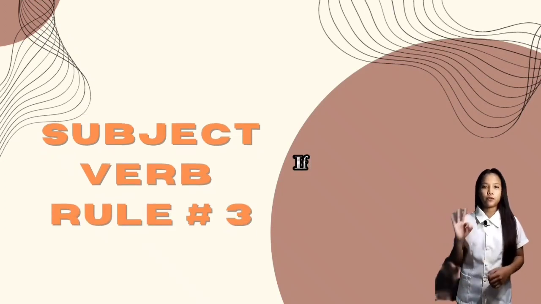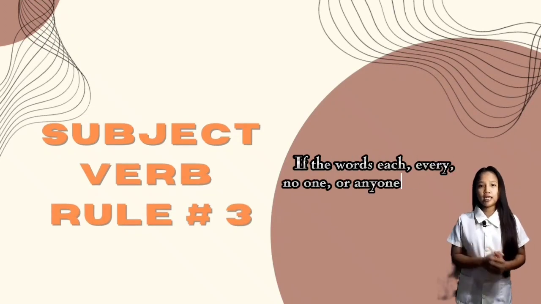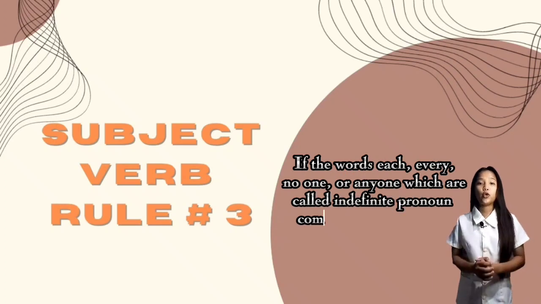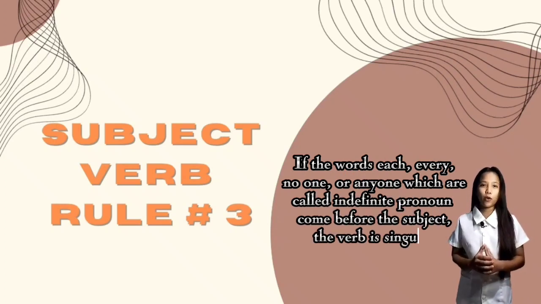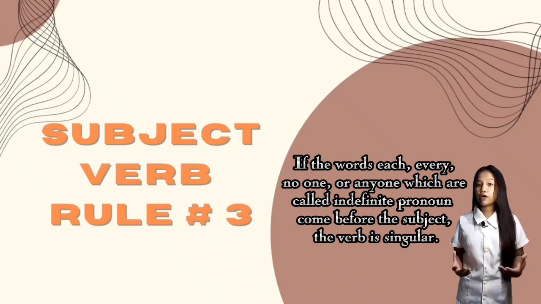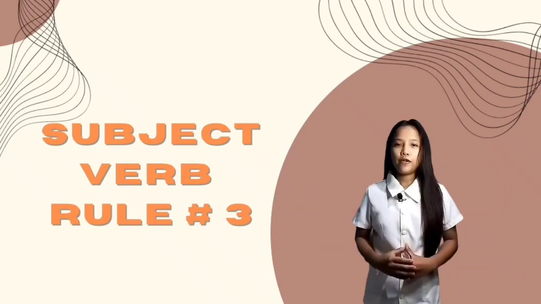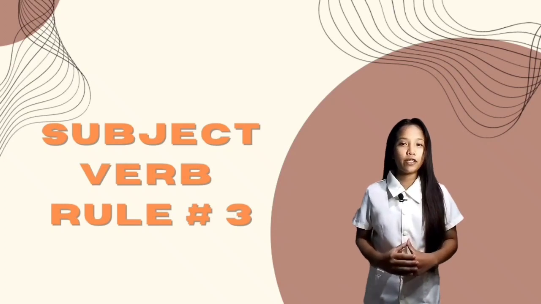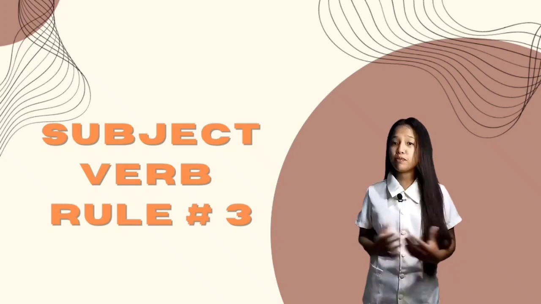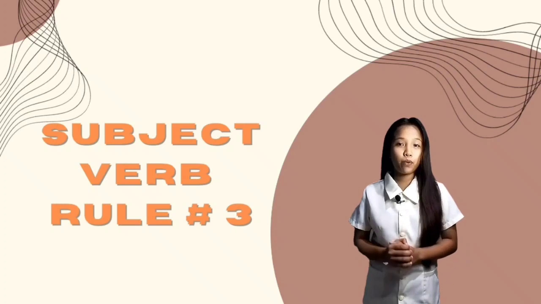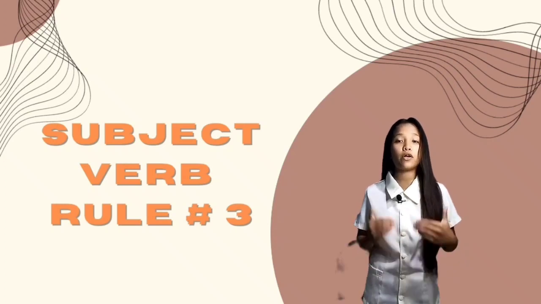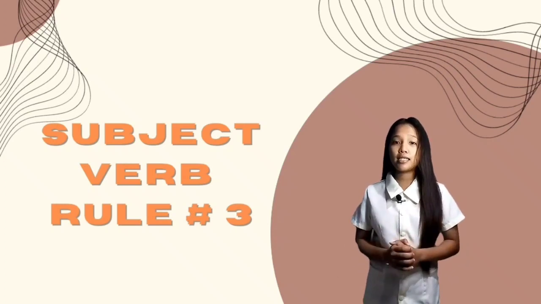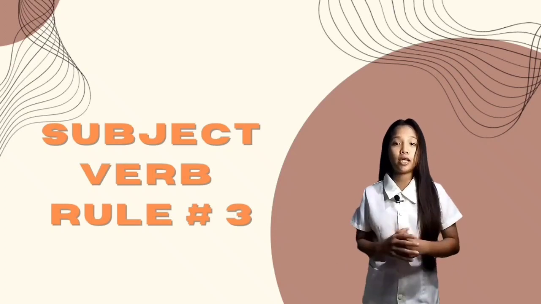Subject-verb rule number 3. If the words each, every, no one, or anyone, which are called indefinite pronouns, come before the subject, the verb is singular. First, let us know what an indefinite pronoun is. To be precise, we use indefinite pronouns to refer to people or things without saying exactly who or what they are.